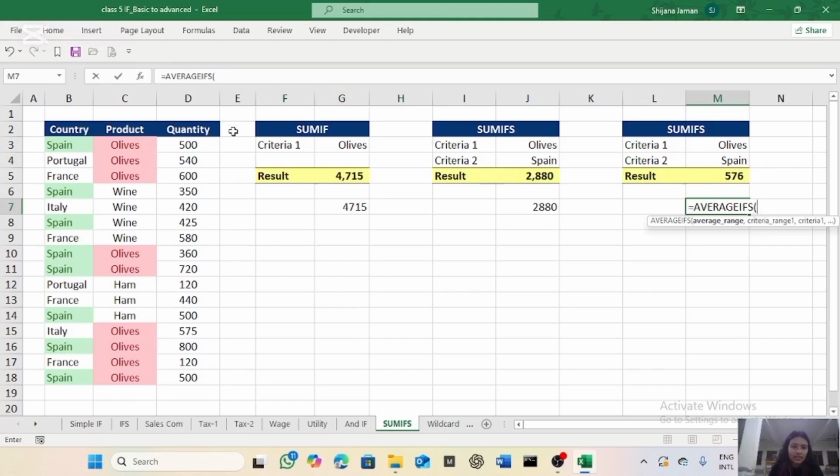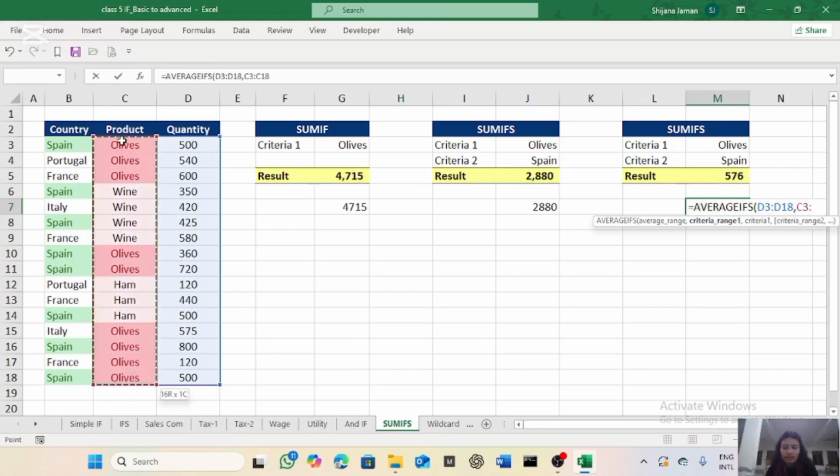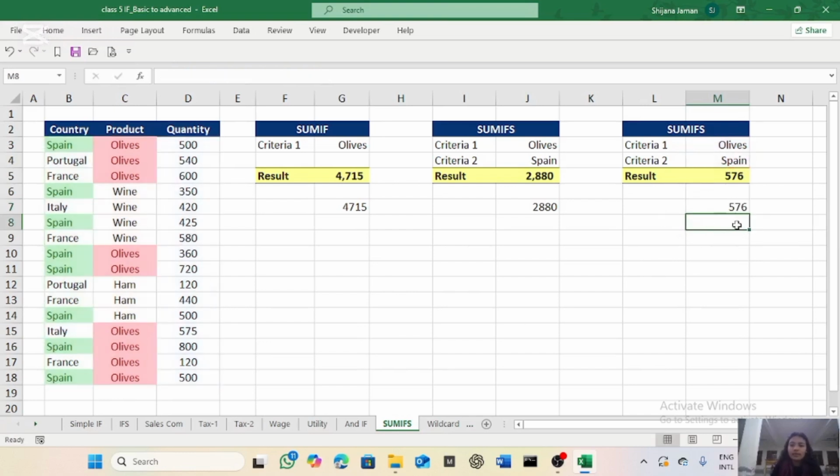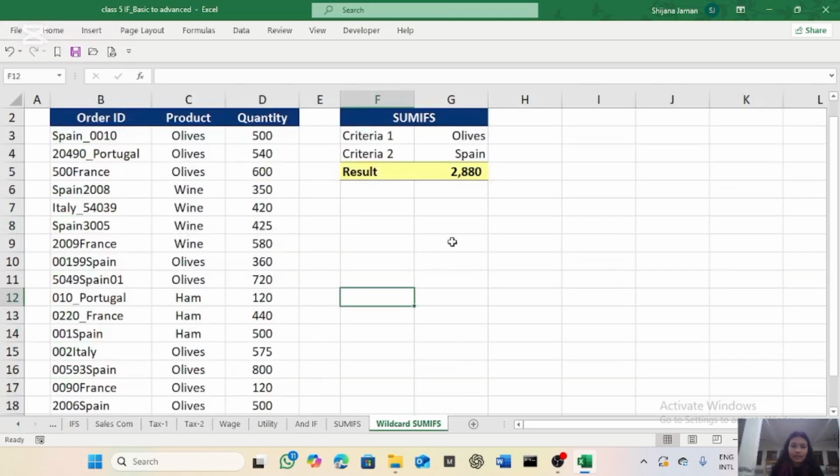Average range of quantity range, comma, criteria range 1 is entire product, comma, criteria 1, comma, criteria 2 countries, comma, criteria 2 Spain, bracket close, enter. Yes, this is our AVERAGEIFS.